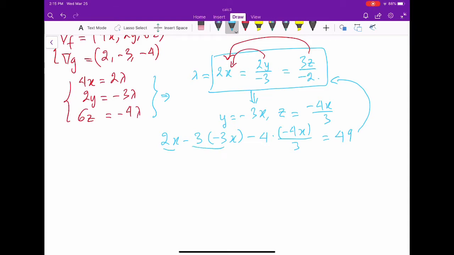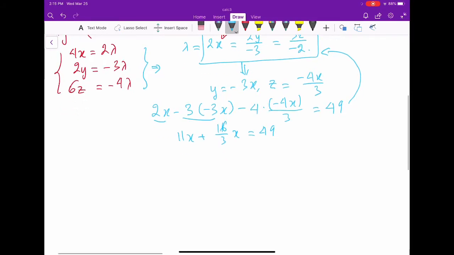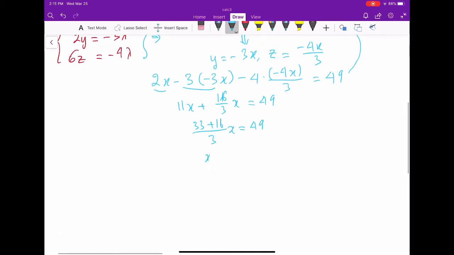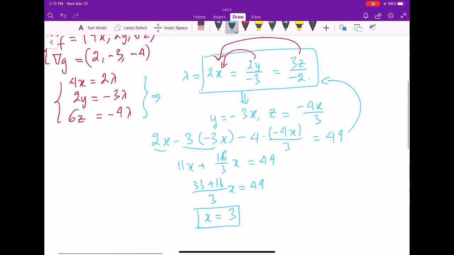Here we have 2x plus 9x, so I have 11x, and here I have 16 over 3 x, equal to 49. So basically (33 plus 16) divided by 3 times x equals 49, and x equals 3.